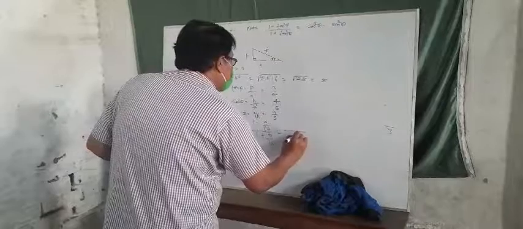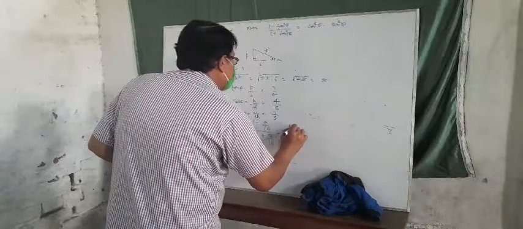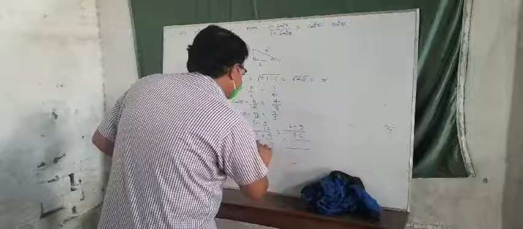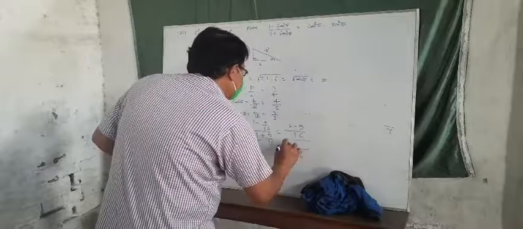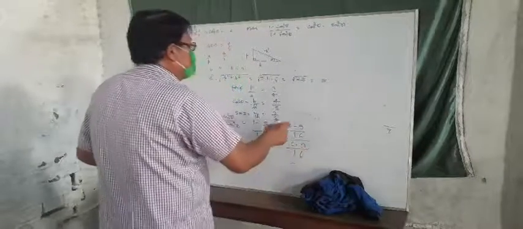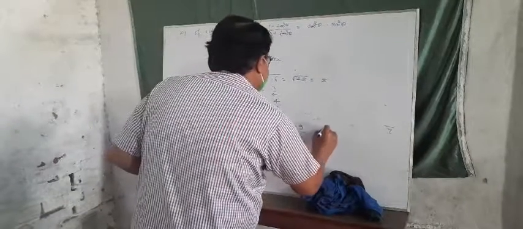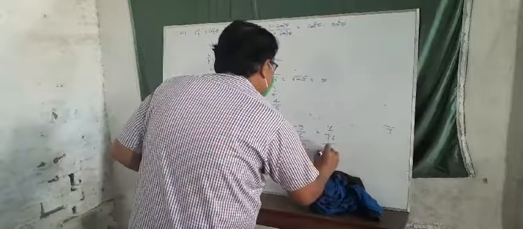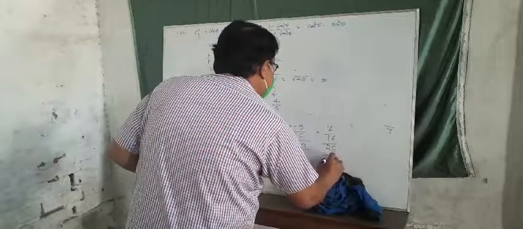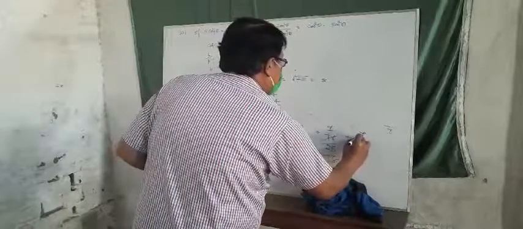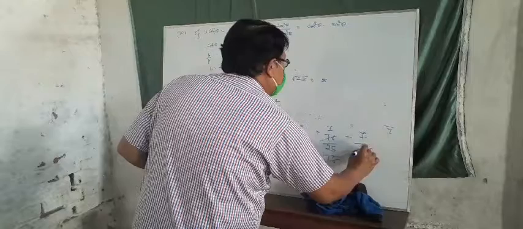Here LCM is 16, so 16 minus 9, and also LCM is here 16, so 16 plus 9. 16 minus 9 is 7 upon 16, over 25 upon 16. This 16 cancels out. 7 upon 25 is the value of LHS.